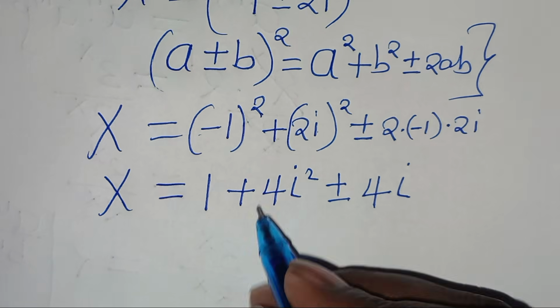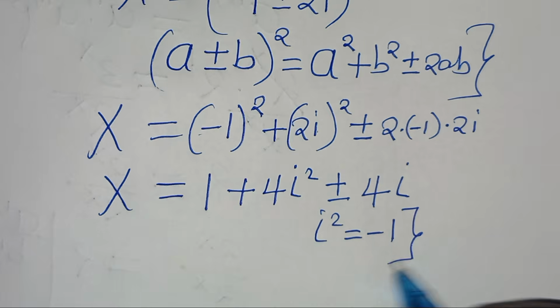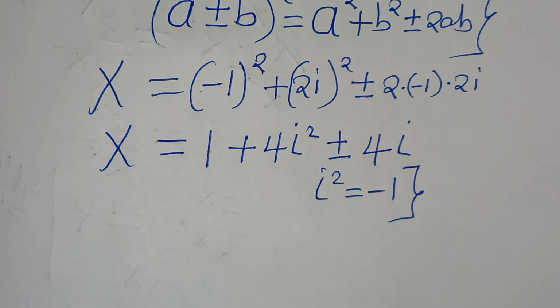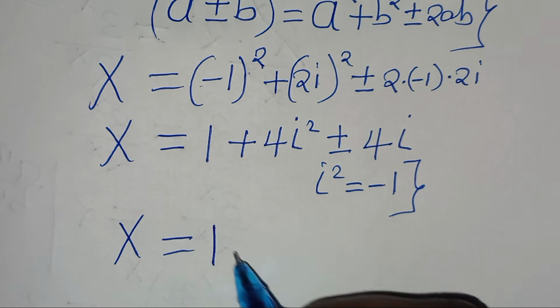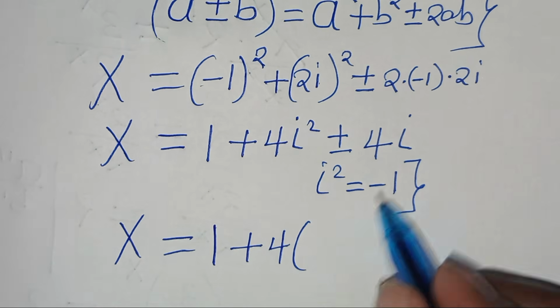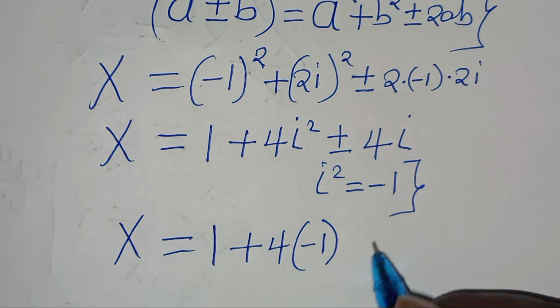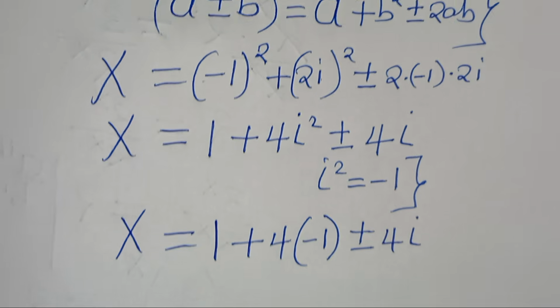The next step is that we have i squared, this is equal to negative 1. So this is to mean that x is equal to 1 plus 4 multiplied by i squared, which is negative 1. So we substitute negative 1 plus or minus 4i.